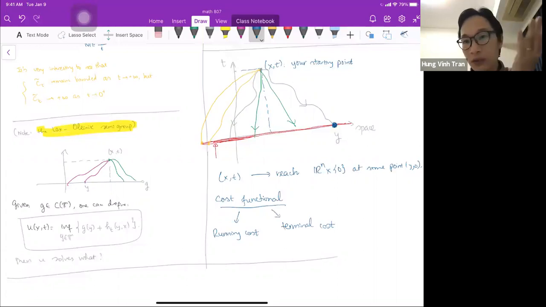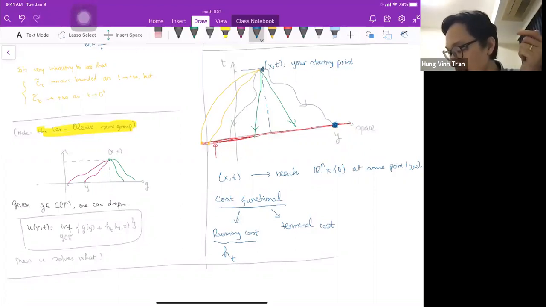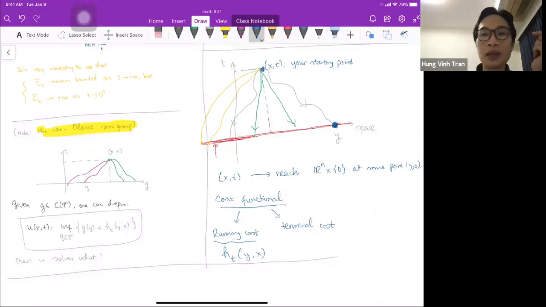Okay. So the cost functional is typically the running cost, which is essentially the action functional. In this case, we already take the minimizing one, which is h_t. So you go from y to x, t, and you pay the price h_t(y, x) for running costs.